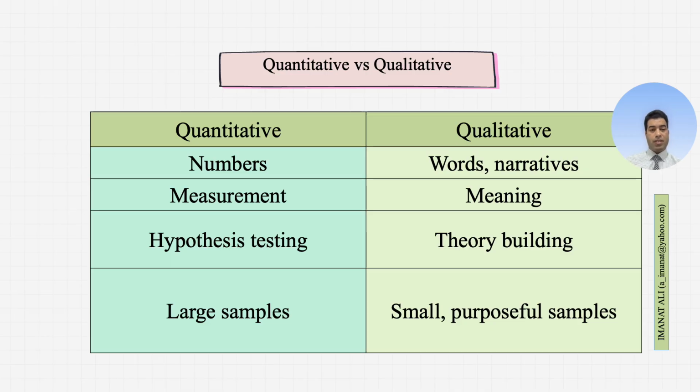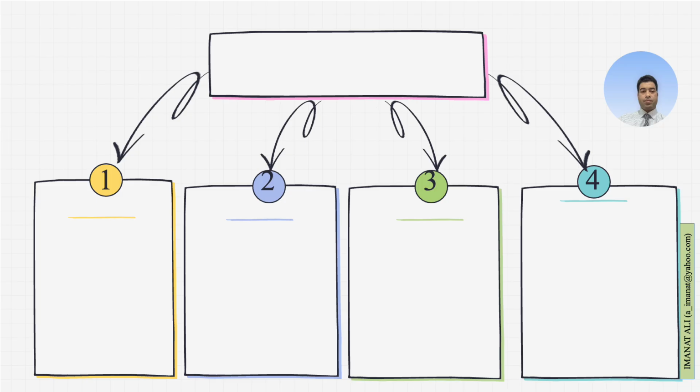Hypothesis: in quantitative research, there are hypotheses, meaning it may happen or may not happen, null and alternative hypothesis. However, qualitative research is based on theory, it builds theory or it is constructed on theory. In quantitative research, there may be large samples, while in qualitative research, small and purposeful sampling is used.